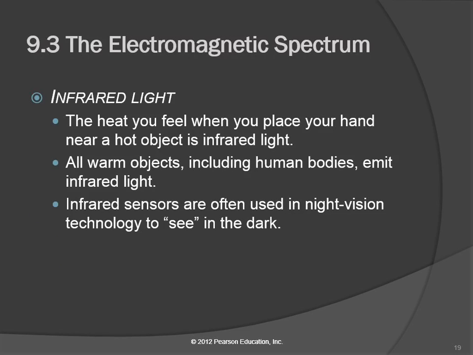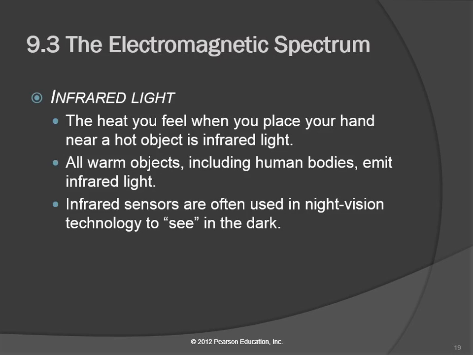Infrared, that's heat. If you take a pot off the stove and you put your hand near it, you feel heat, right? That is infrared radiation. You turn on an electric stove and the heating element glows red, right?